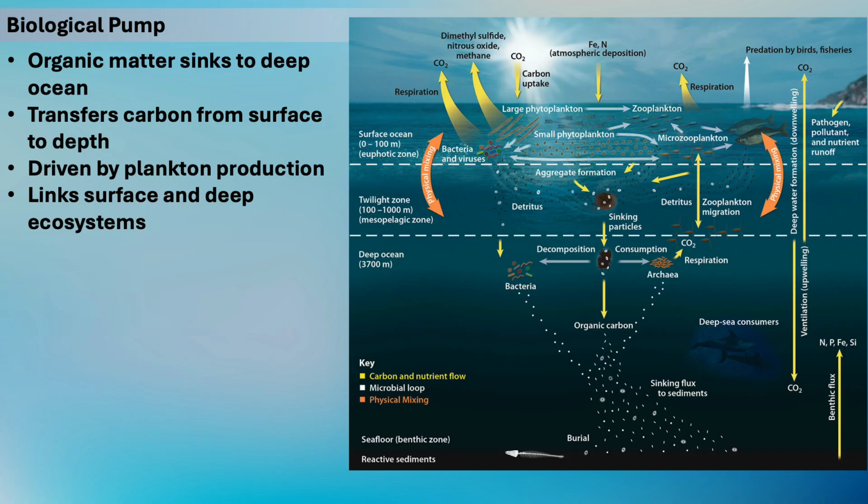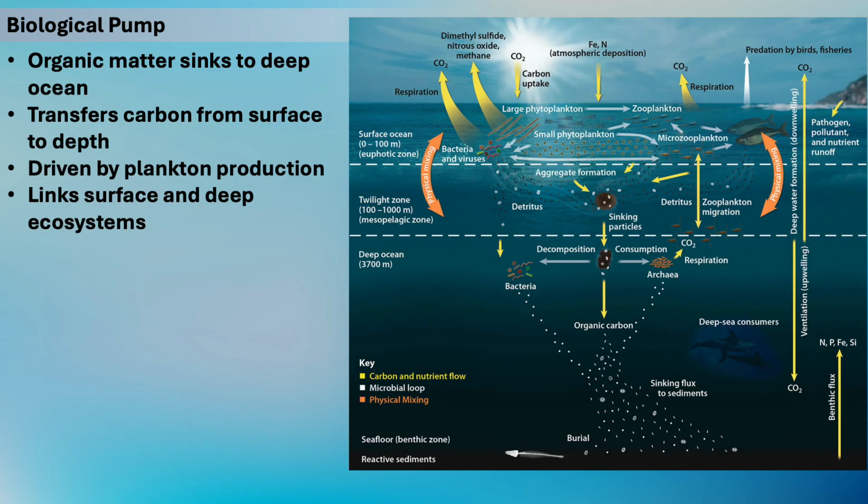As these particles sink, they are subject to decomposition by bacteria and consumption by other organisms. This process releases nutrients and carbon dioxide back into the surrounding water, primarily at depth. This is why, as we discussed earlier, nutrient concentrations increase with depth in the ocean.